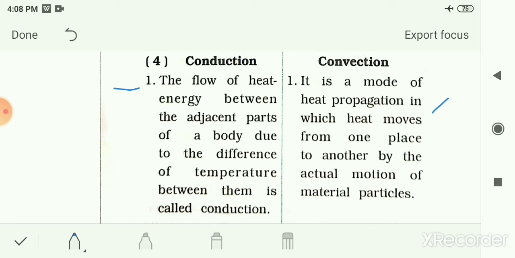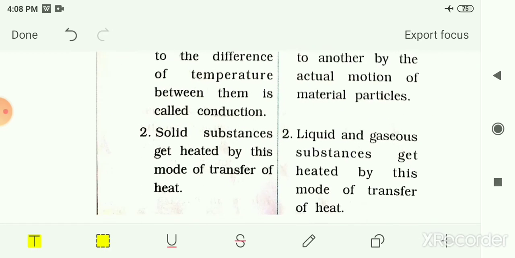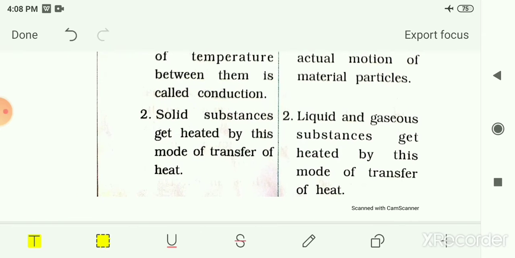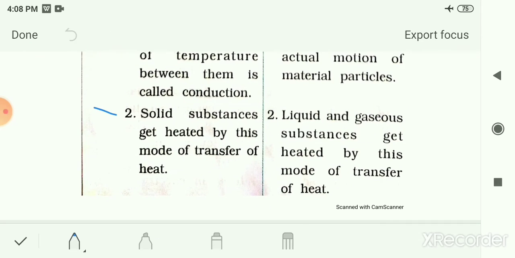So this mode of heat transfer is known as convection. The next difference is that solid substances get heated by conduction. In solid substances, the transfer of heat takes place by the process of conduction, whereas in liquid and gaseous substances, heat transfer takes place by convection. So this is the difference between conduction and convection.